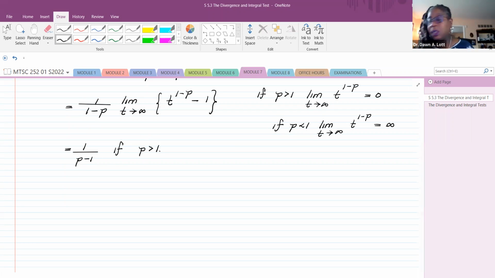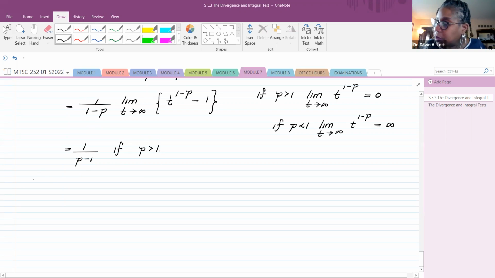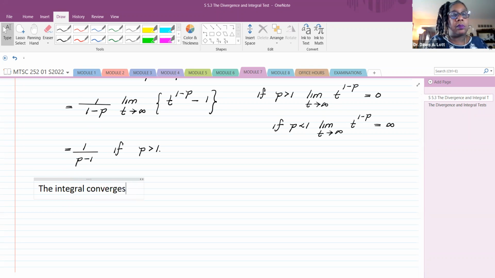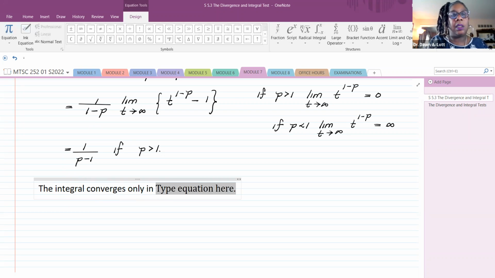So now we know for the p test, the integral converges only if p is greater than 1. So that says the same thing.